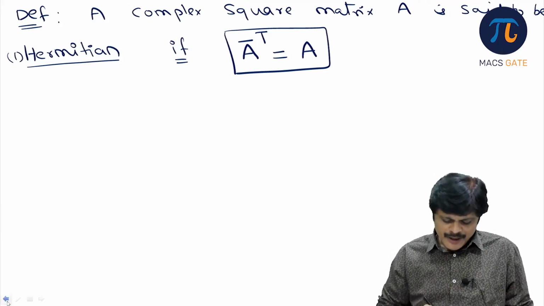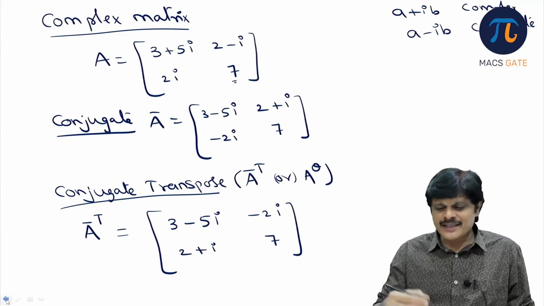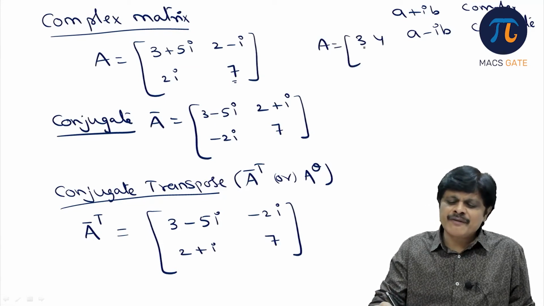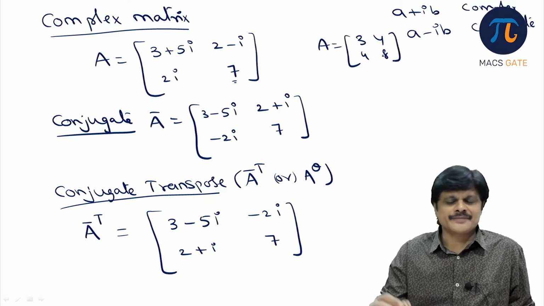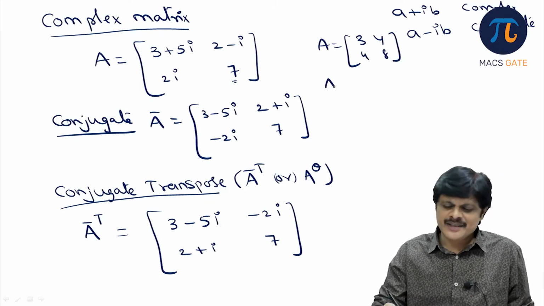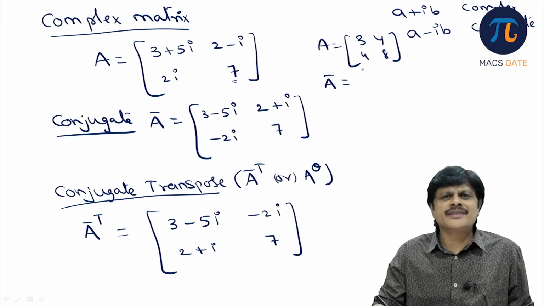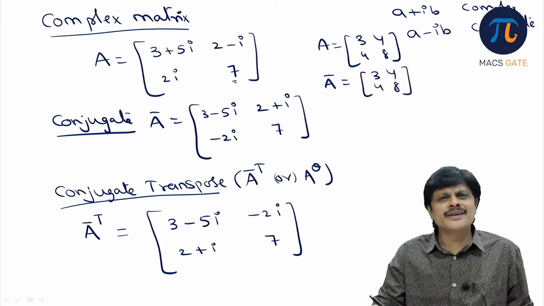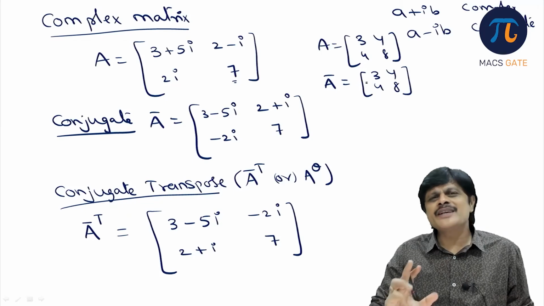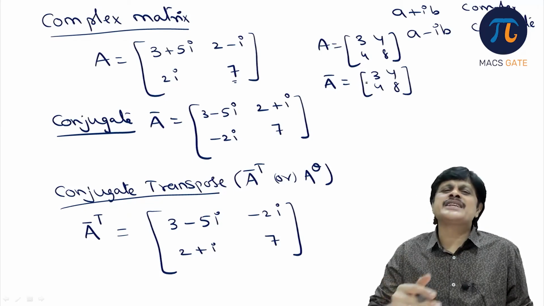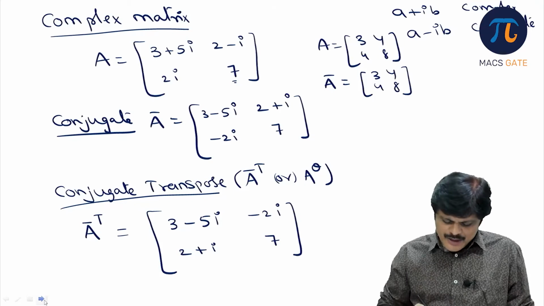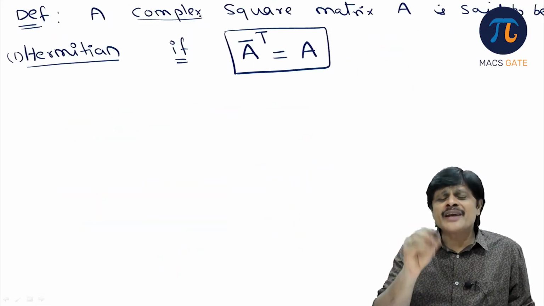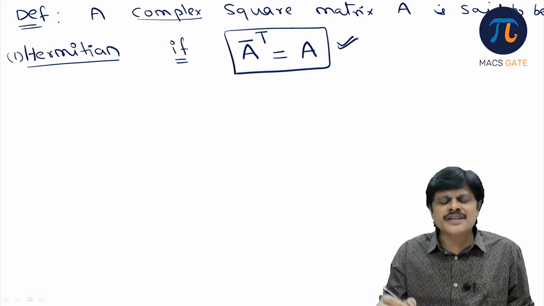Now, before continuing further, I'll tell you one simple thing, then I'll continue with the definition. Suppose the matrix is 3, 4, 4, 8, a real matrix. What is the conjugate of it? The conjugate would be 3, 4, 4, 8 only. So if it is a real matrix, the conjugate would be the same as the matrix. So if you take a real matrix instead of complex, what happens to this definition?